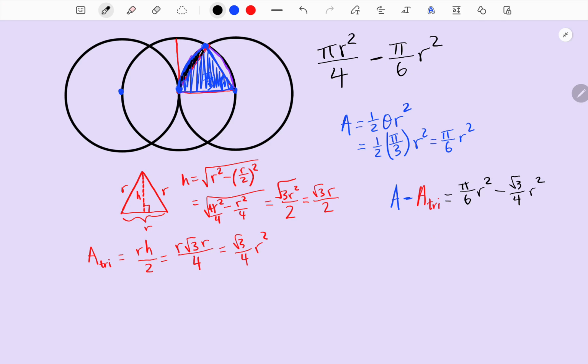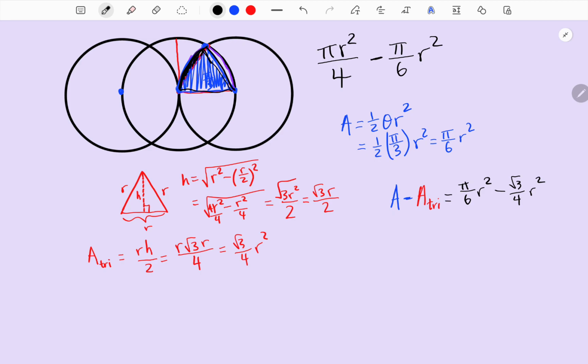So what we're going to do is take the whole quarter of the circle, and then subtract this pizza slice area right over here, which is pi over 6 r squared. Indeed, because this is 1/6 of the area of a whole circle. So if I have 6 of these blue parts, I'll get the area of the whole circle. So it's going to be pi r squared over 6.